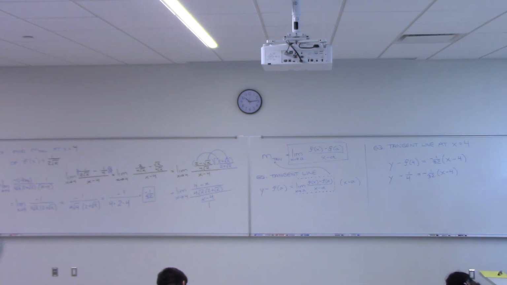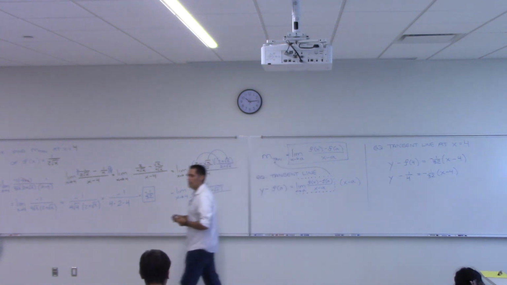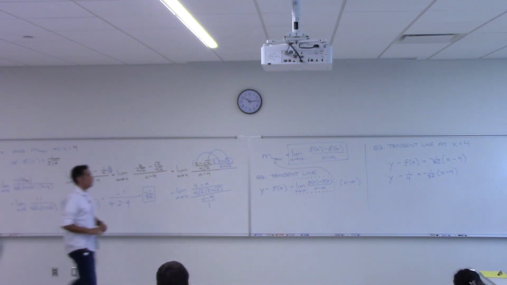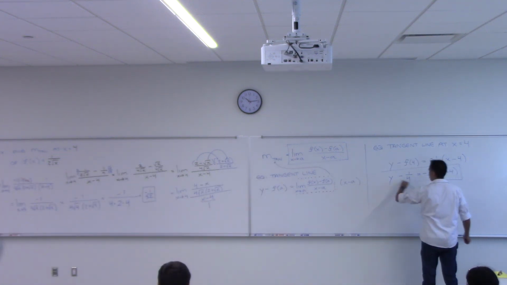So y minus 1/4 equals negative 1 over 32 times x minus 4. There it is. We got it. Do y'all believe that? Who has questions? It's all right to leave our answer in that form. I'm okay with this right here.